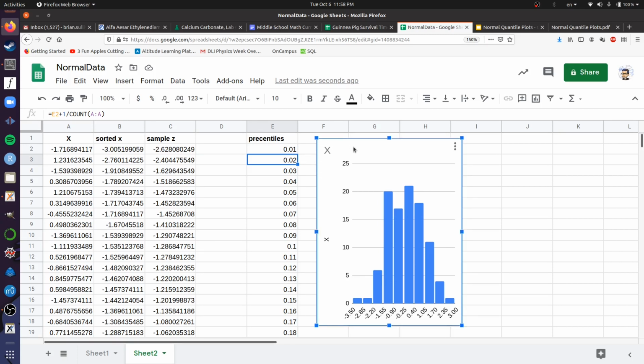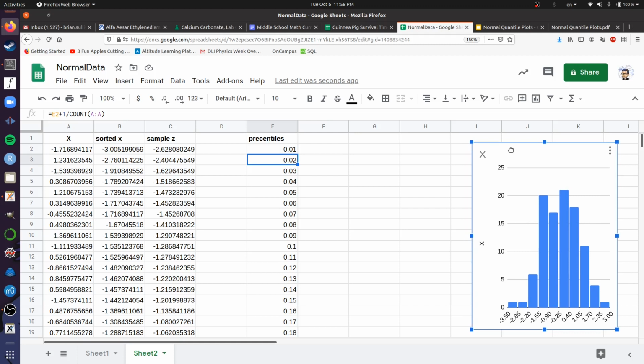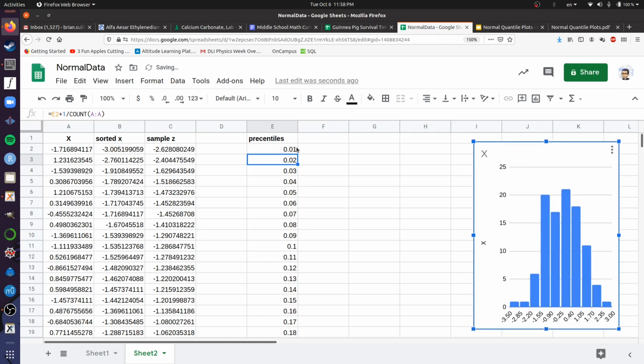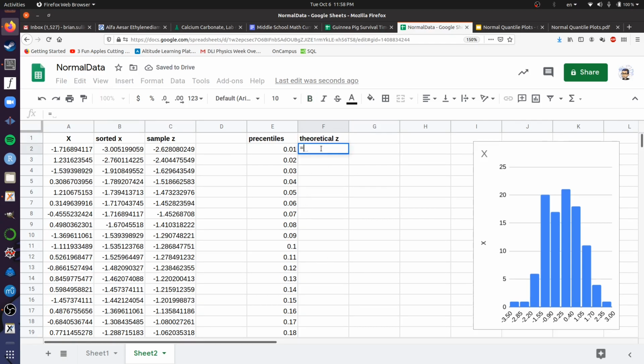Now I want to calculate the z values that would give me these percentiles. So if I looked up the z's in a z-table, I would get these percentiles. The command to do that, this is to calculate our theoretical z's, is going to be NORMINV.